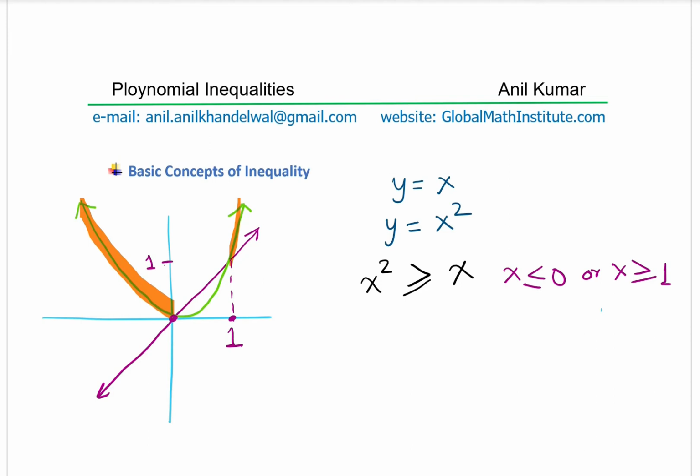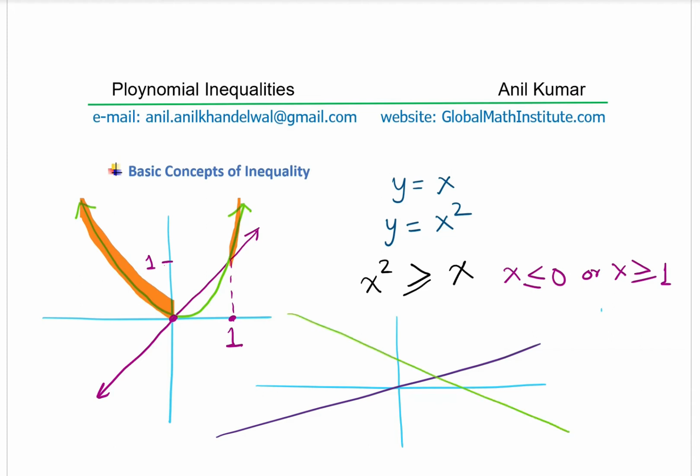Perfect. There might be examples where we have intersecting lines. Let me just draw two lines now and then we'll discuss. Let's say one line is kind of like this and the other line is kind of like this. Let's give them different names so that it becomes easy for us to communicate.